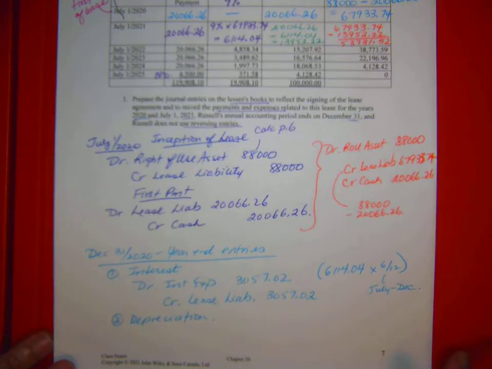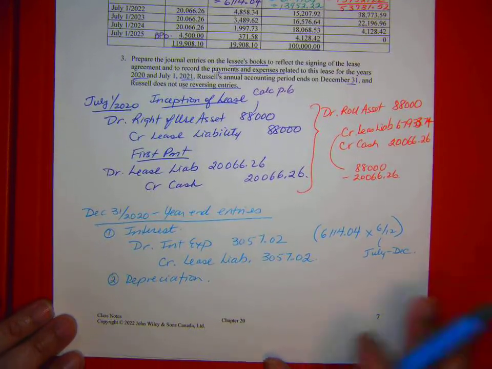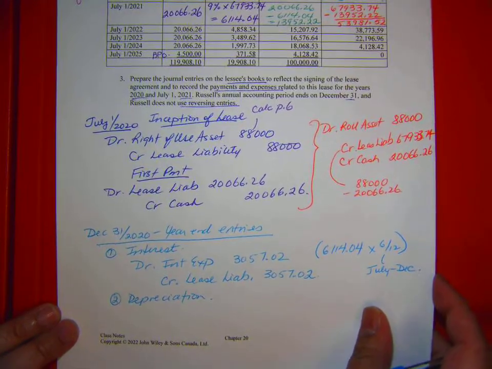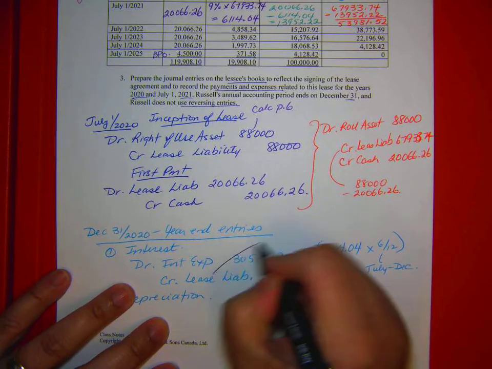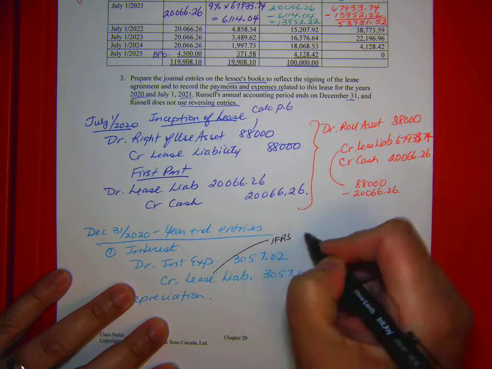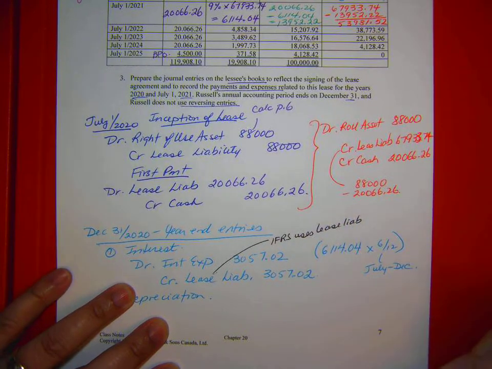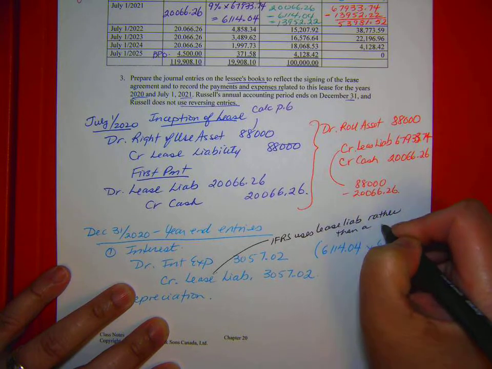Now, notice with IFRS, sorry guys, trying to keep this here. Notice with IFRS, uses lease liability as the holding account rather than a payable line.